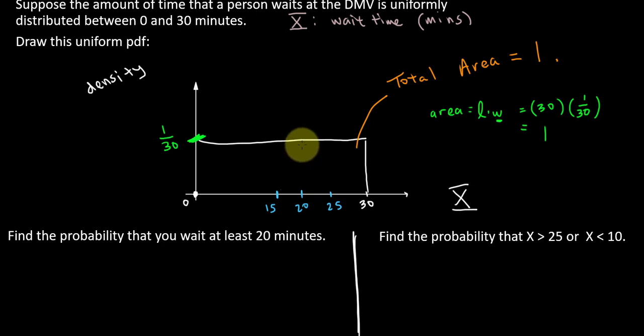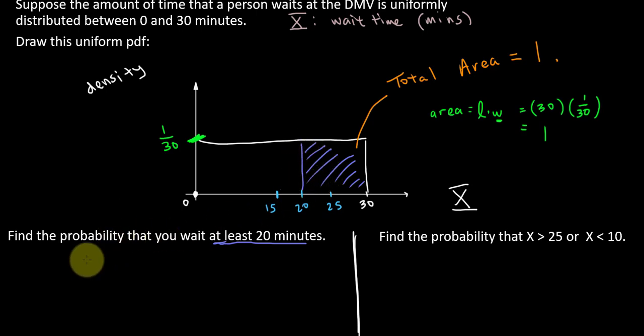I like to shade it. So I'm going to shade to the right of 20, because that's at least 20. It would be 20 or greater. So this shaded region is what we are trying to find.